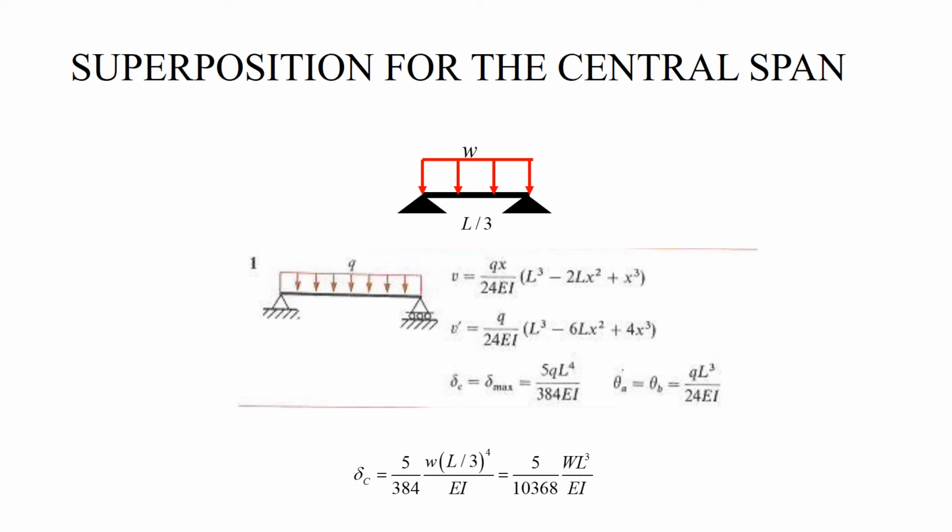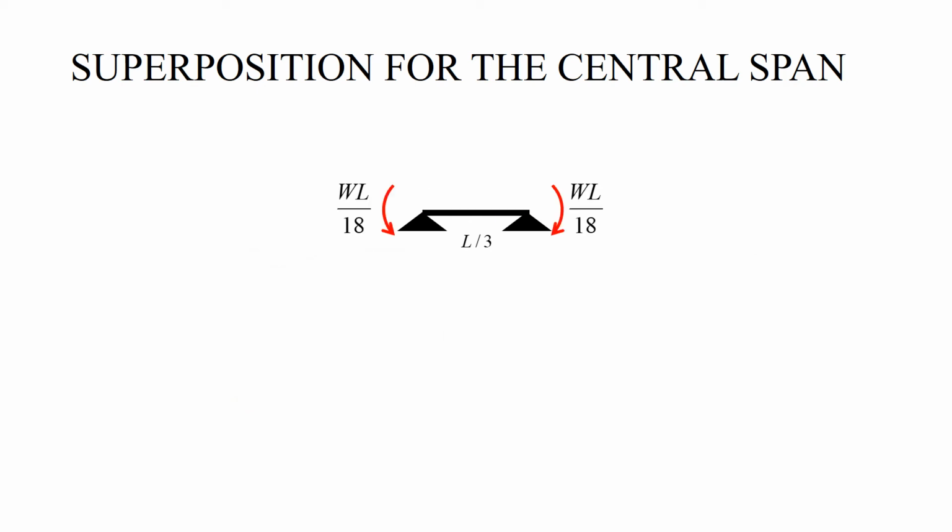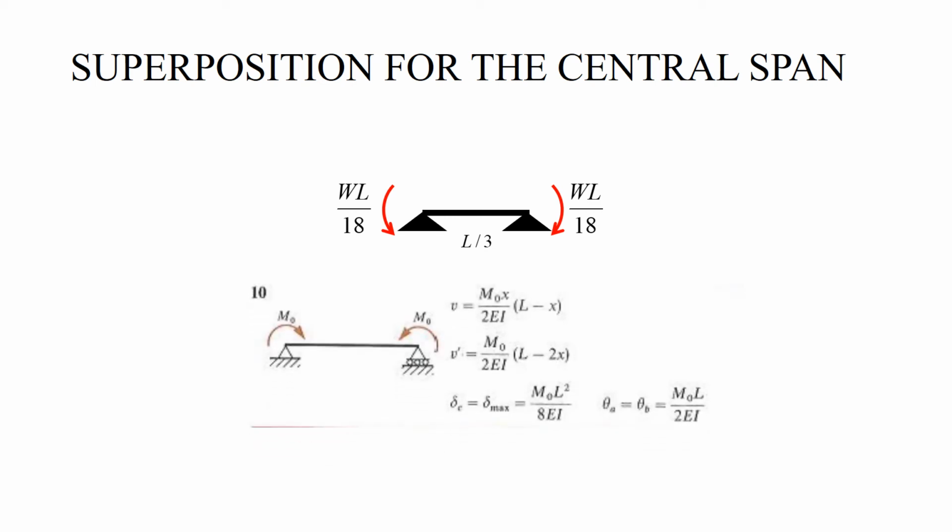And now, let's look at the case with two couples. Fortunately, the tables give me the solution for two couples. I want to pay attention that in the solution, this couple is clockwise, this counterclockwise. In my case, it's in reverse, so this is counterclockwise and this clockwise.